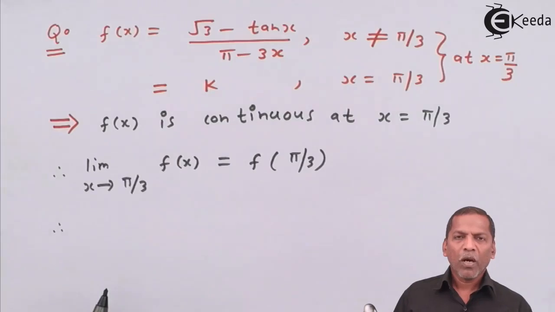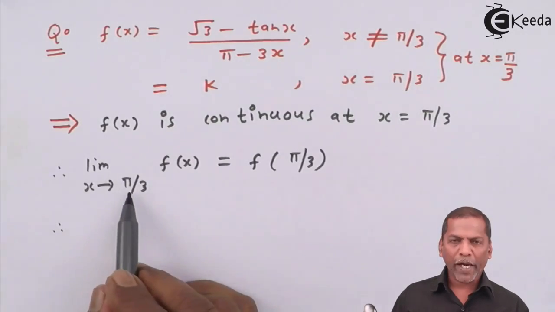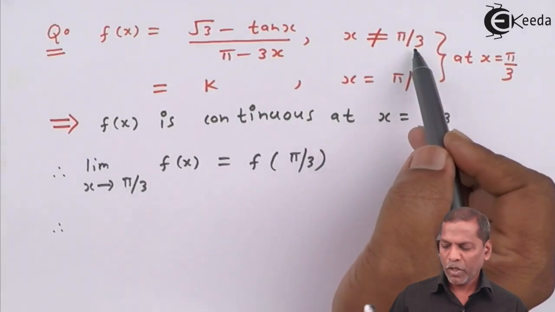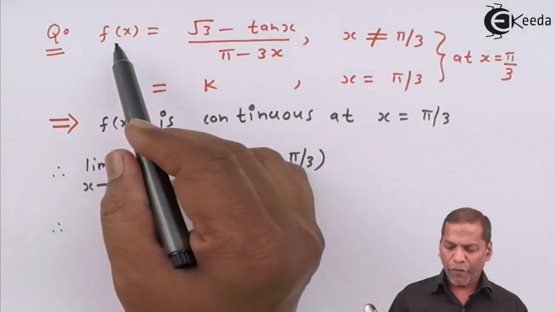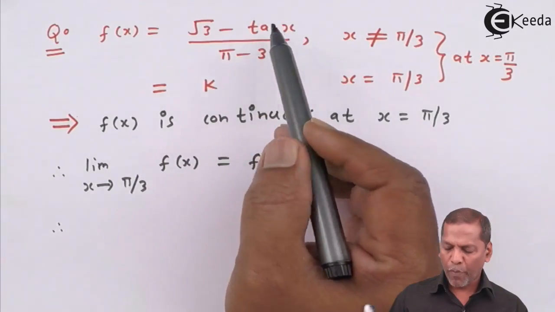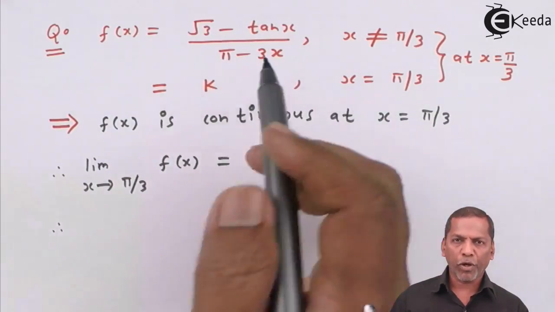Now x tends to pi by 3 means x not equal to pi by 3 and at that time f of x is equal to (root 3 minus tan x) upon (pi minus 3x).